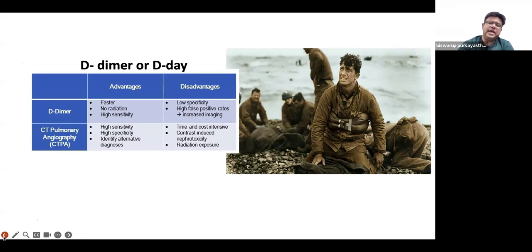Do that. If you want to identify it, get an ultrasound scan done. Maintain a very high index of suspicion. But D-dimer alone cannot be the be-all and end-all of identifying a DVT.